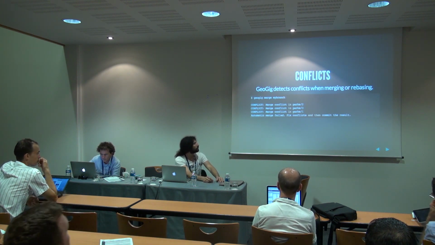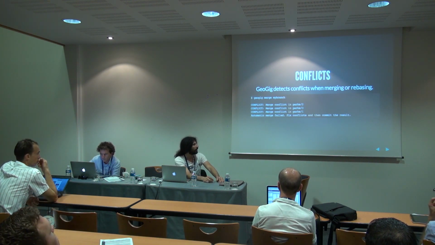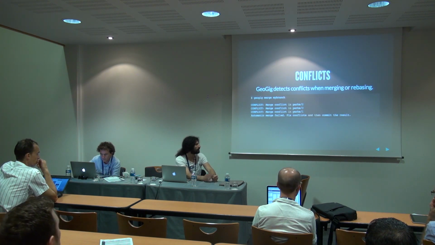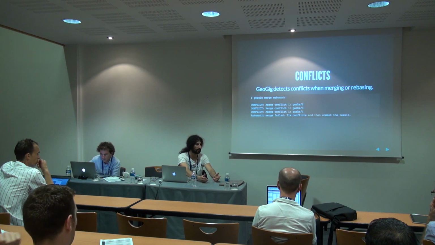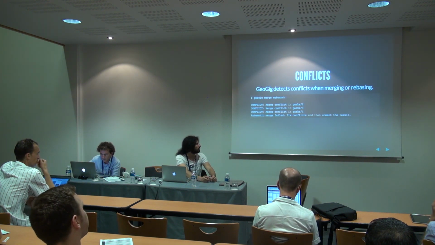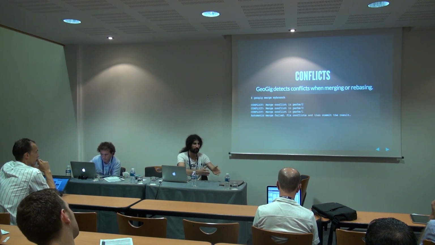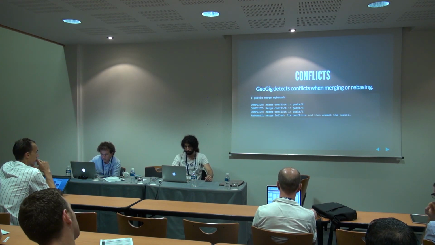So that's where GeoGit will find a conflict, and this is absolutely basic if you are in a scenario where you have multiple people editing the same thing, right? So this is one of the things that are needed in a system such as GeoGit, because if several people edit the same data, you must have a way of solving those conflicts, right?